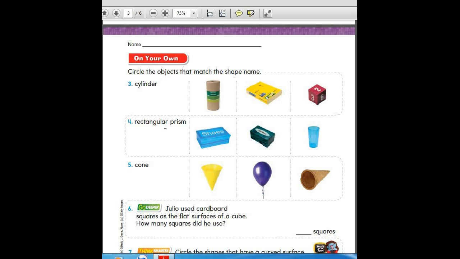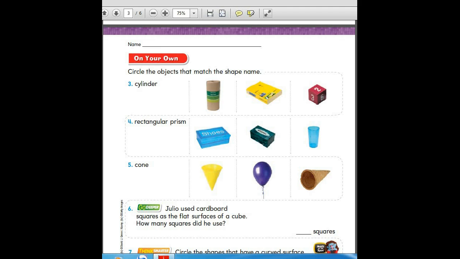Number 4 is the rectangular prism. We said rectangular prism looks like our book, our back of tissue, or the shoes box. So we have here shoes box or tissue pack or glass. Yes, the shoes box and the tissue bag looks like rectangular prism.